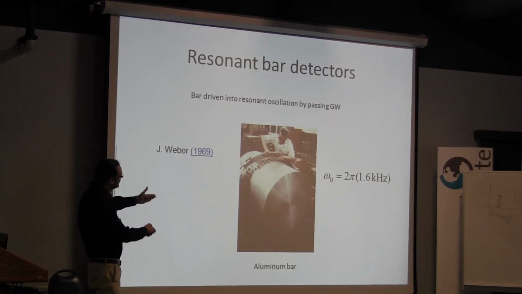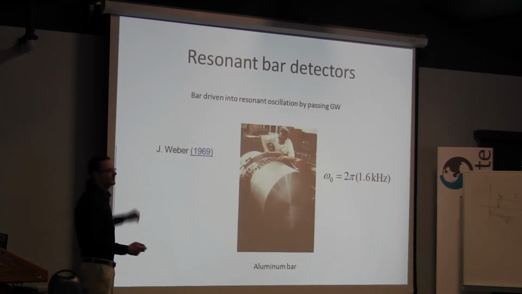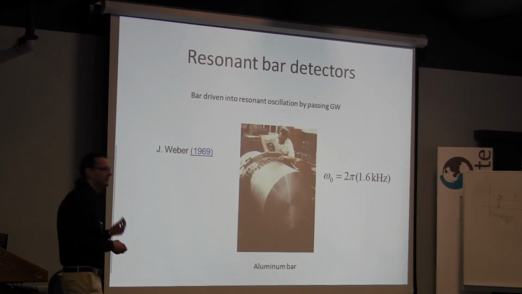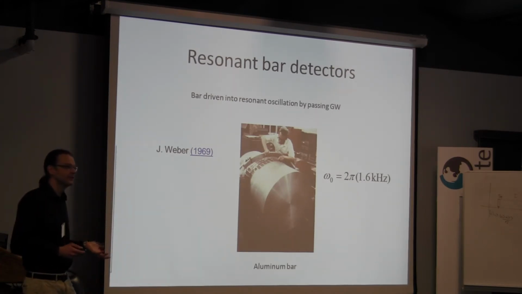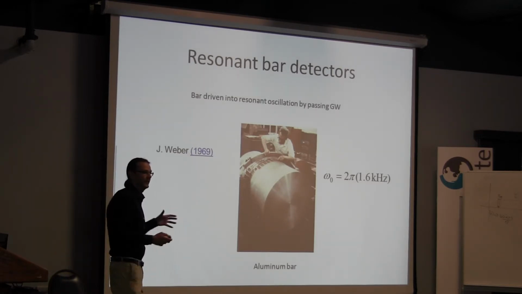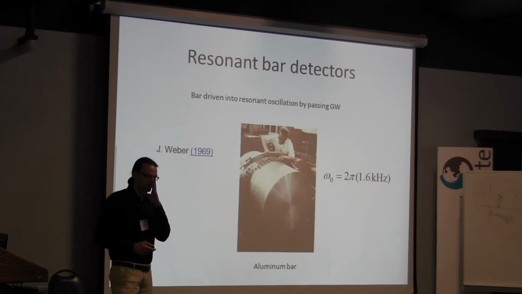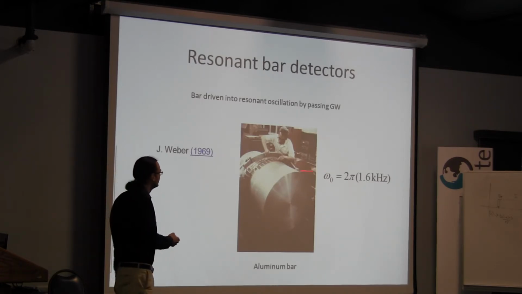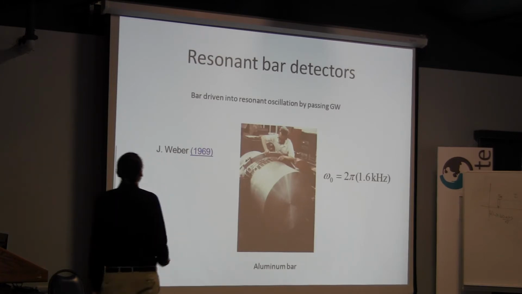It stretches space-time, and this mass undergoes some ringing oscillation. The thought is, if I detect that ringing oscillation at the resonant frequency of this bar, and I have a high Q, I can get a big enhancement. I can see a big displacement of the ends of this bar if the gravitational wave that's passing happens to have a frequency that coincides with the frequency of that bar.